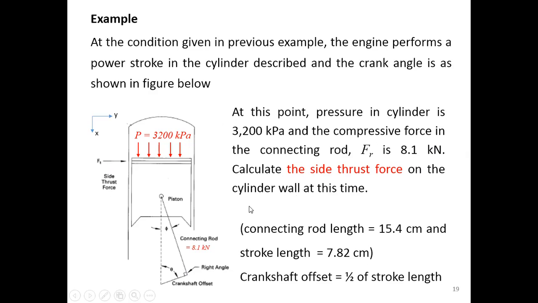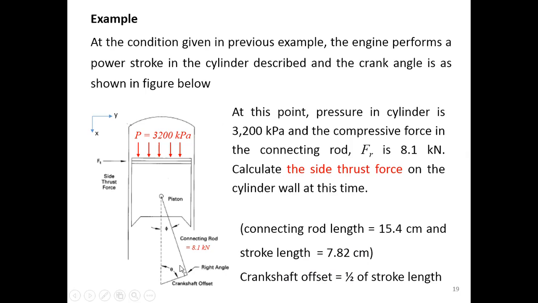The information that they give is the connecting rod length of 15.4 centimeters and the stroke length of 7.82 centimeters. The crankshaft offset is 1/2 of the stroke length. What is the crankshaft offset? To remind you, this is what we call the crankshaft offset here.